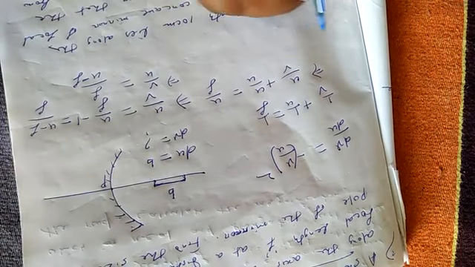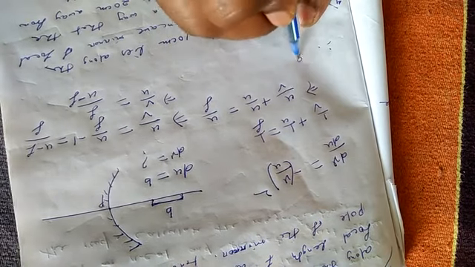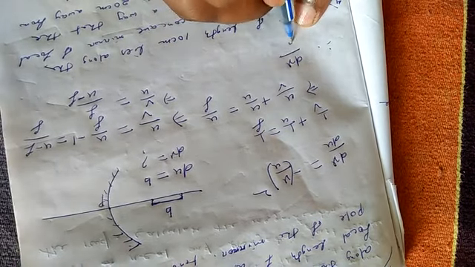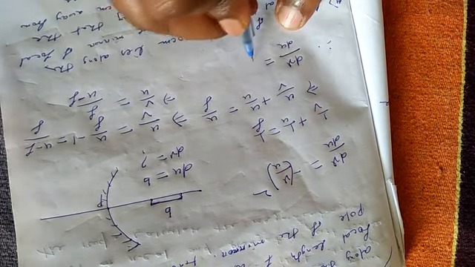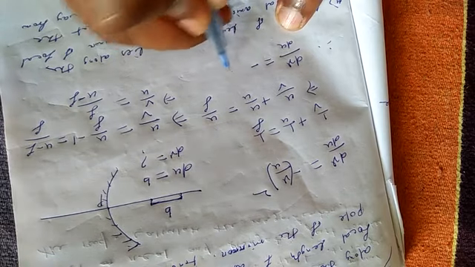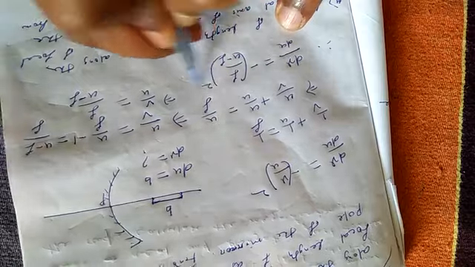So dV by dU is equal to minus (V by U) whole square, which means minus (F by (U minus F)) whole square.